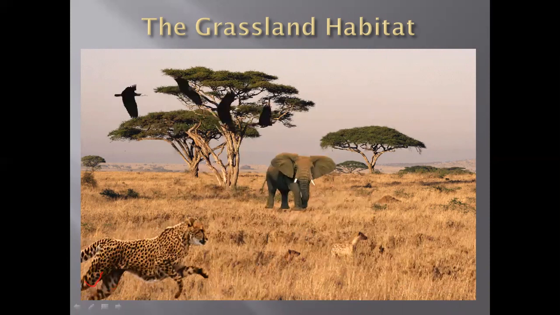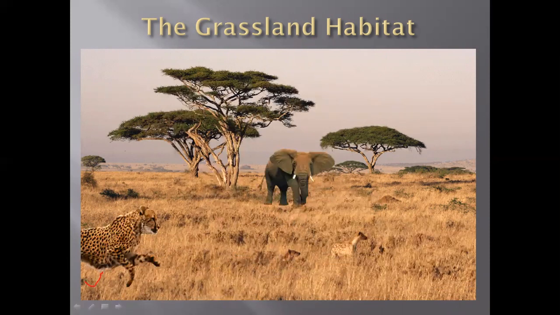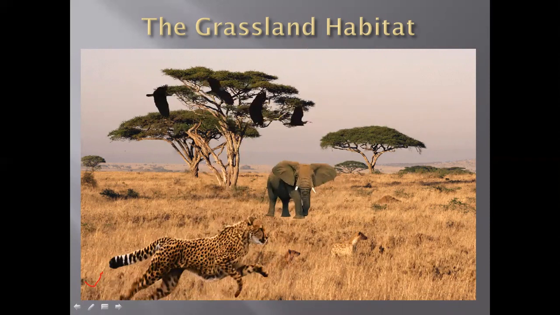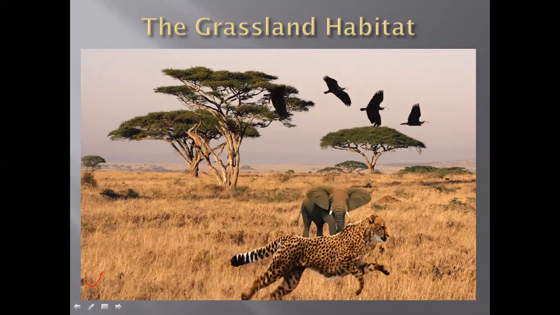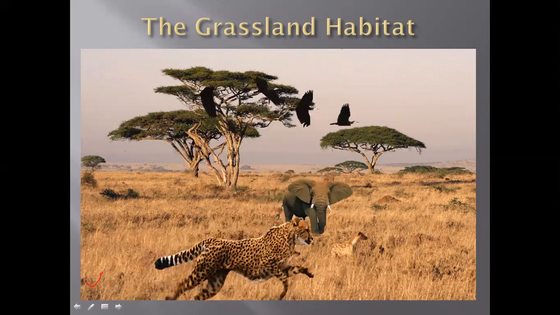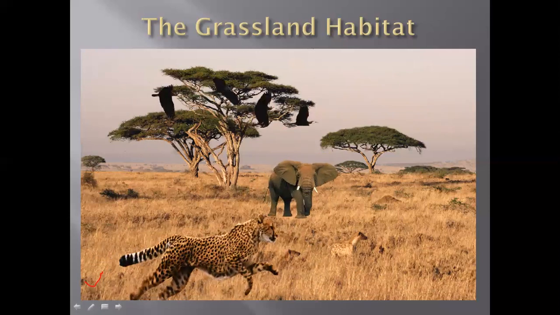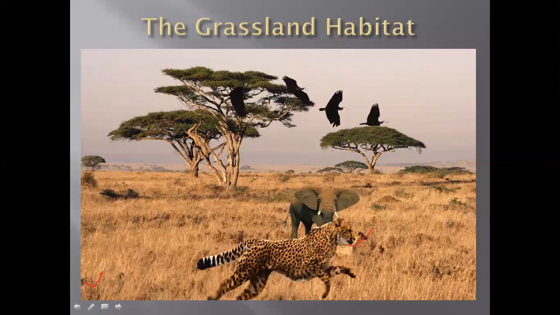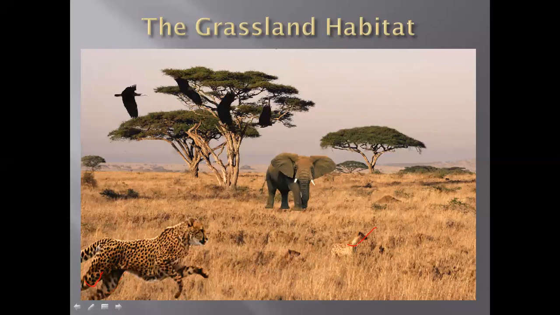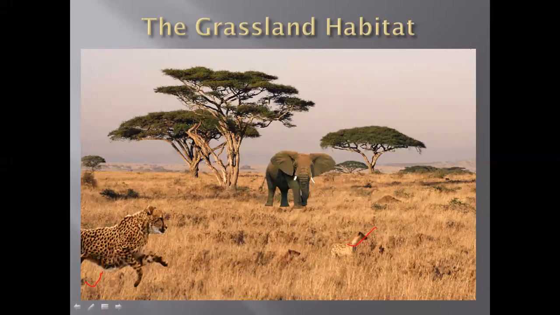There are a few animals like a tiger, cheetah, or this is an elephant. An elephant also eats grass. They are present over there, as well as jackals live over there too. They are carnivores, and some birds live over there.